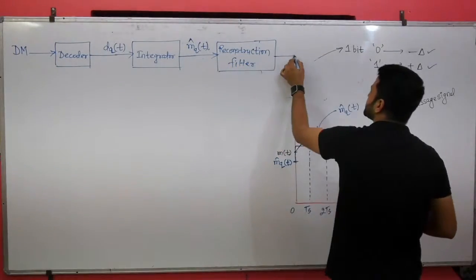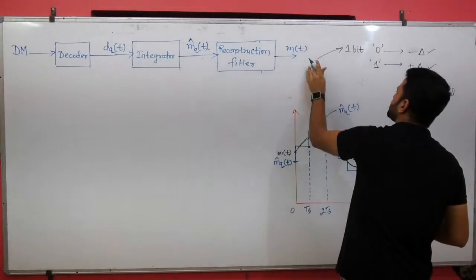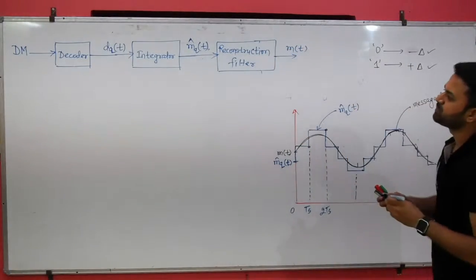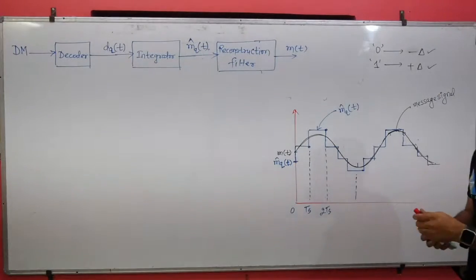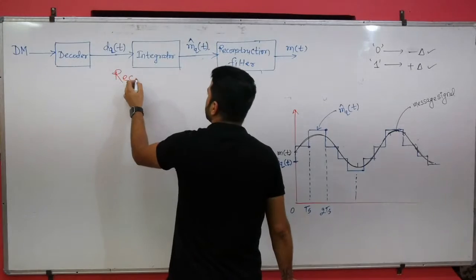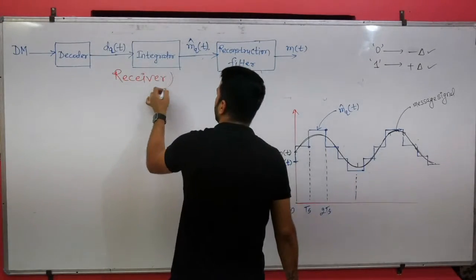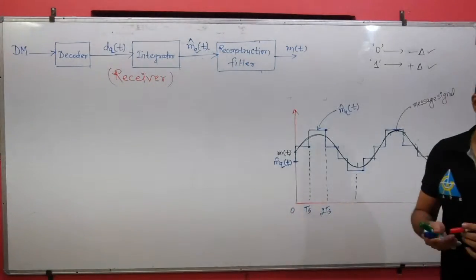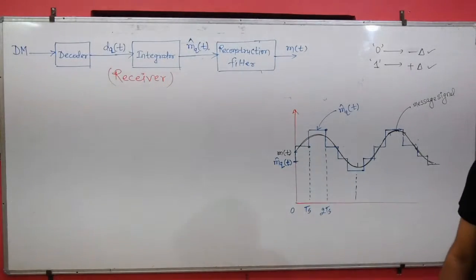At the output of the reconstruction filter, you will get the message signal. This is the block diagram of the receiver. So the block diagram of the receiver I have drawn.